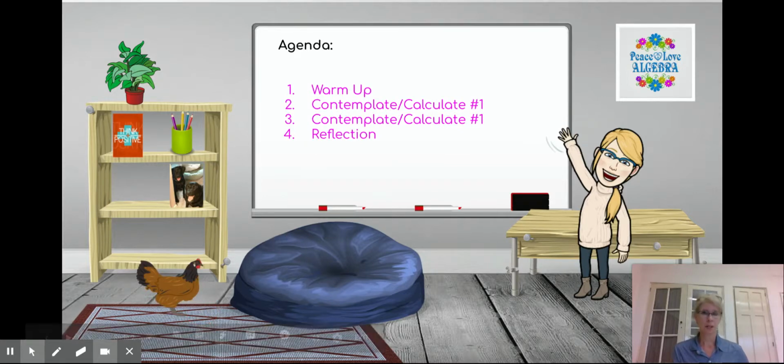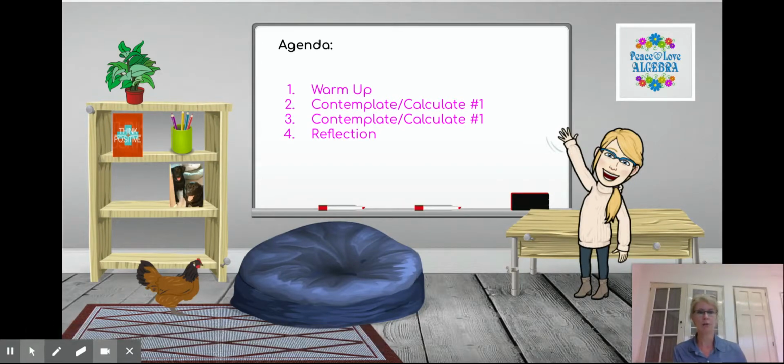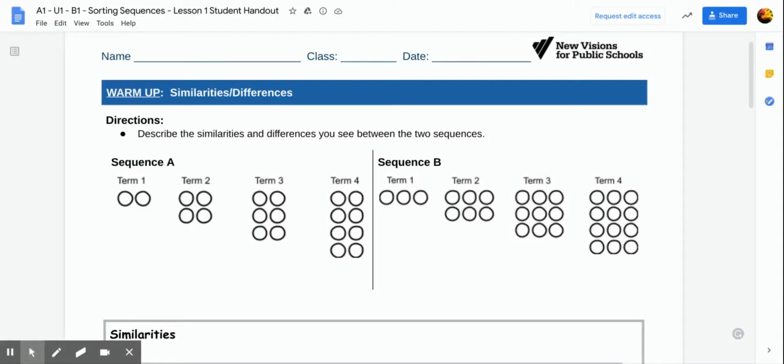Today, in your lesson, we're going to do a warm up. We're going to do 2 contemplate and calculates, and then you'll have a reflection at the end of the lesson. Today's warm up that I want you to work on, I want you to describe the similarities and differences you see between the 2 sequences.